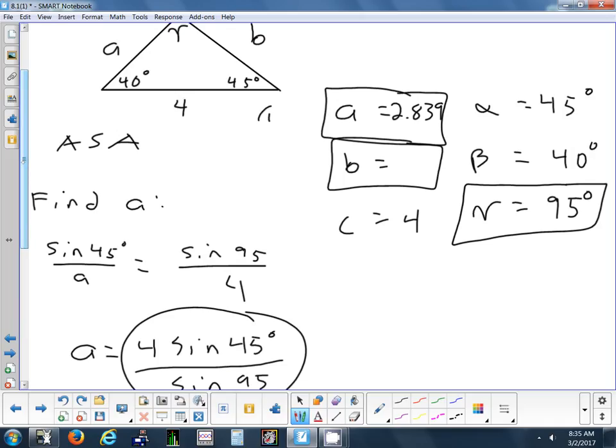Out of these, we'll call them row 1, 2, and 3. Okay, you're going to definitely use row 3. And what else, if we're going to find B? No, 1 would be if you wanted to find A. 2 and 3. So we've got to use row 3 because it has everything in it. Row 2 is what we have to find.